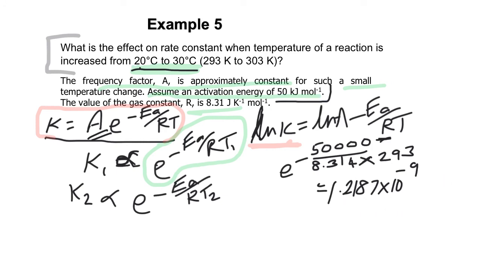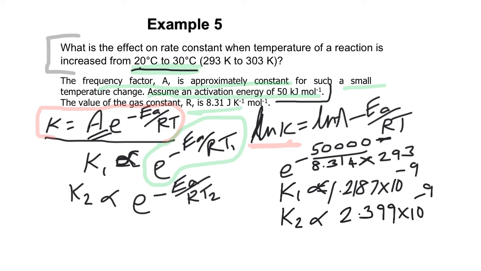What you get is this. So K1 is proportional to this, and K2 would be A multiplied by this factor, 2.399 times 10 to the power minus 9.